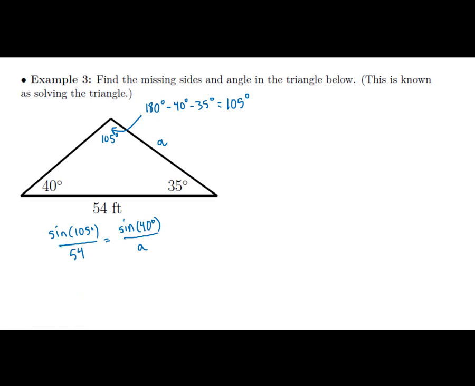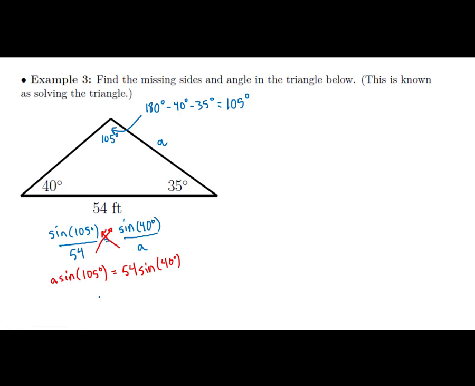And so we can multiply both sides by 54a, or if you recall from some of your algebra days long ago, you can think of it as kind of cross multiplying across that equal sign. So either way you think of it, you get the sine of 105 degrees times a is equal to 54 times the sine of 40 degrees.